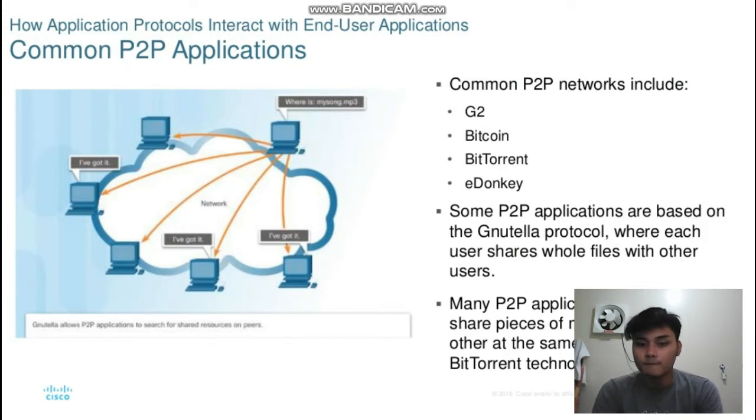Some P2P applications are based on the Gnutella protocol, where each user shares whole files with other users. Many P2P applications allow users to share pieces of many files with each other at the same time. This is BitTorrent technology.